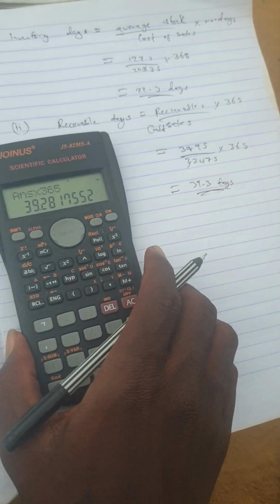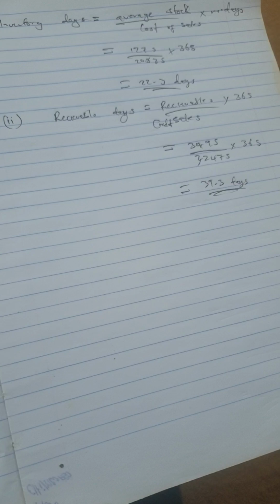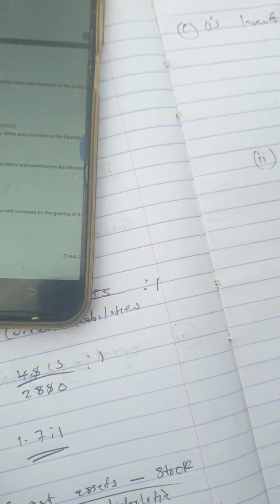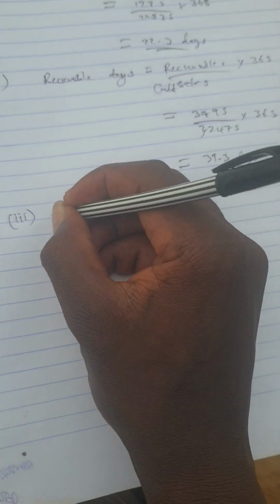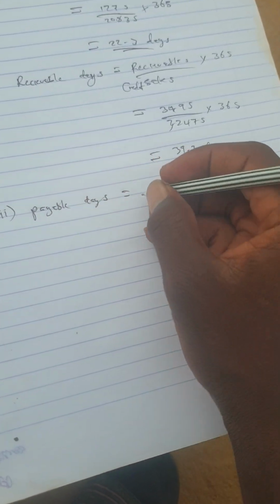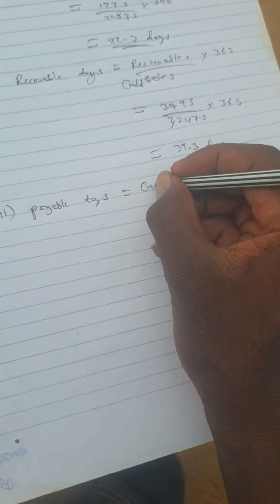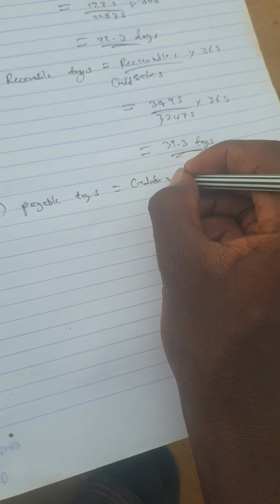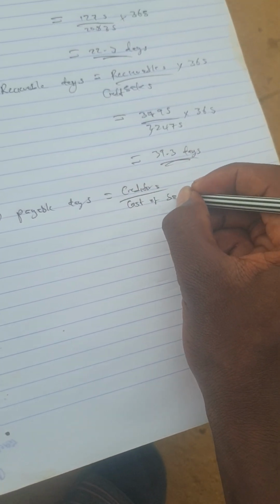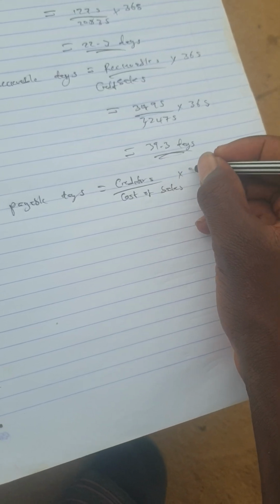Then in question number 3, the question is asking us to calculate payable days. Payable days is our creditors, what we call trade payables, over cost of sales, times total number of days.